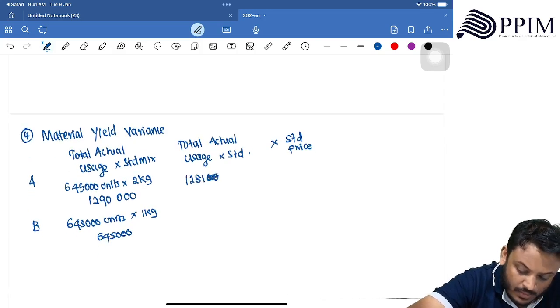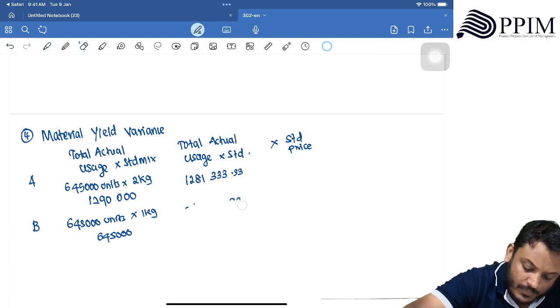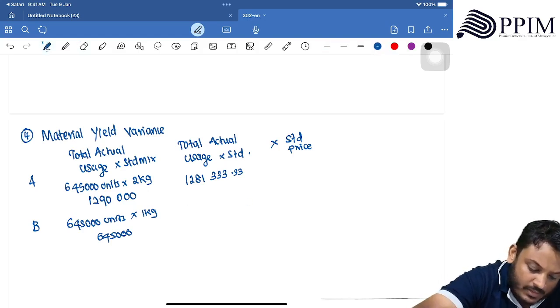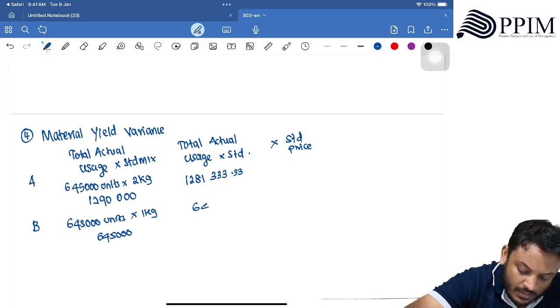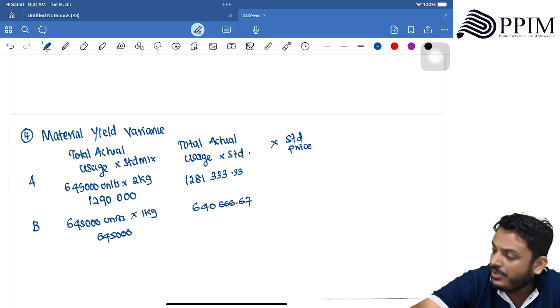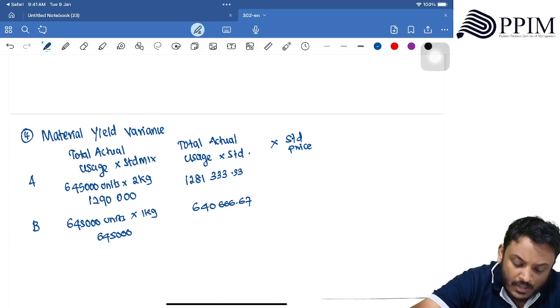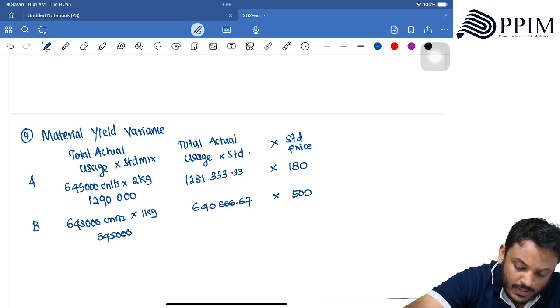That is 1,281,333.33 and 640,666.67. So this we already calculated. Now the difference multiplied by the standard price, 180 and 500.